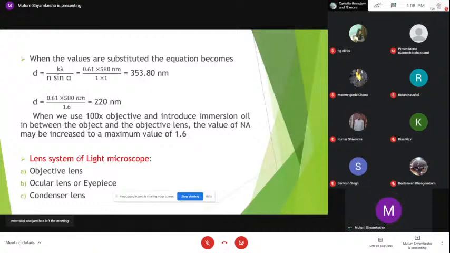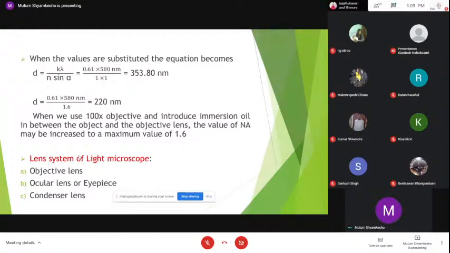But this limit of resolution can still be reduced when we are using the 100x objective and we introduce immersion oil between the object and the objective lens.